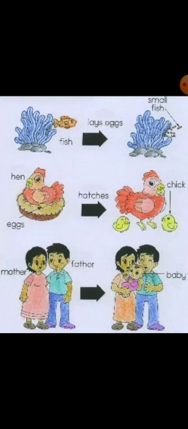See this picture of a fish. Fish lay eggs in the water, and small fishes come out from the eggs by the procedure of reproduction. This is the procedure of reproduction.